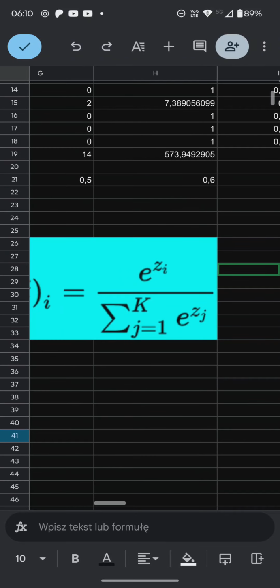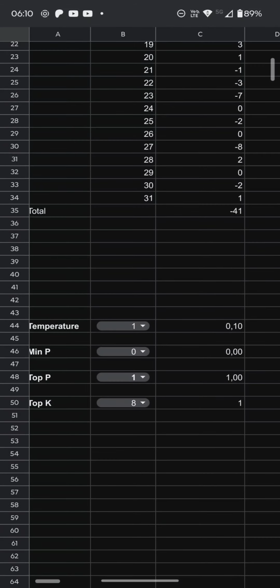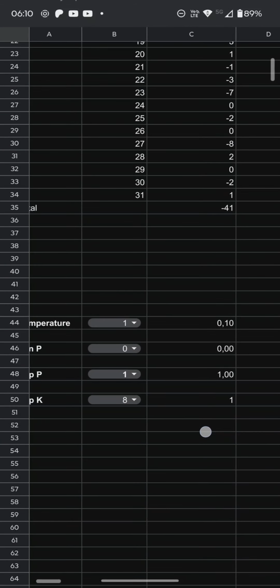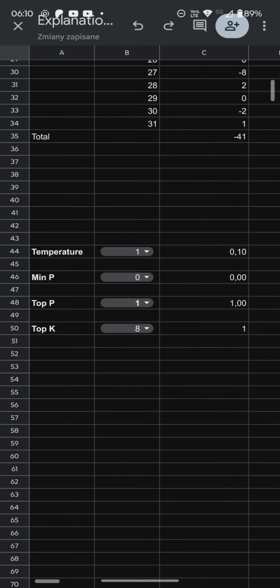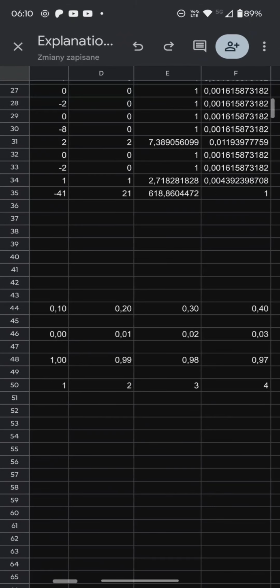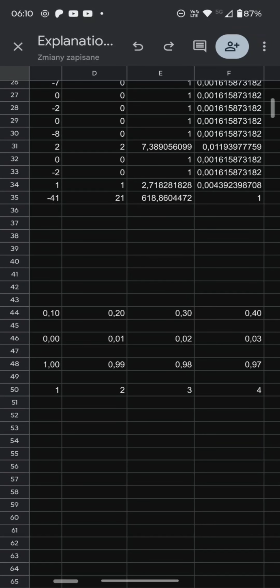That's why I'm currently working on an expanded version, first with 32 logits, maybe more, and I'm also adding things like min p and top k, but this will be in the next video, I hope. Next or the one after that.